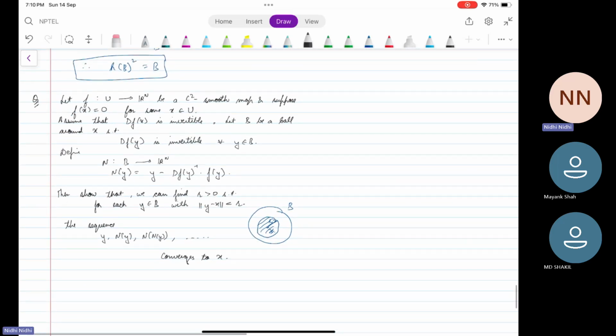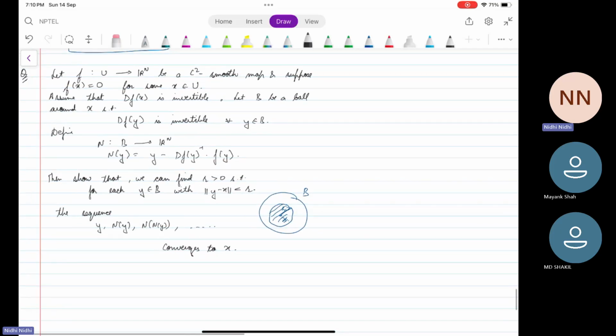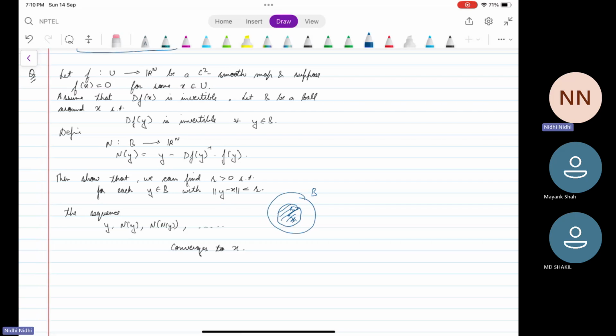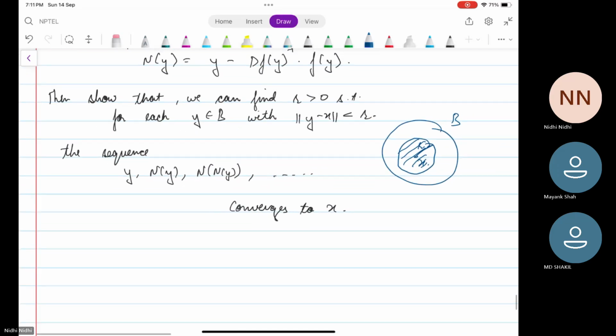So basically it is kind of some contraction mapping, that eventually the sequence will lead us to the root. Okay, we'll explain that. So eventually we are converging to some fixed point of this map N.